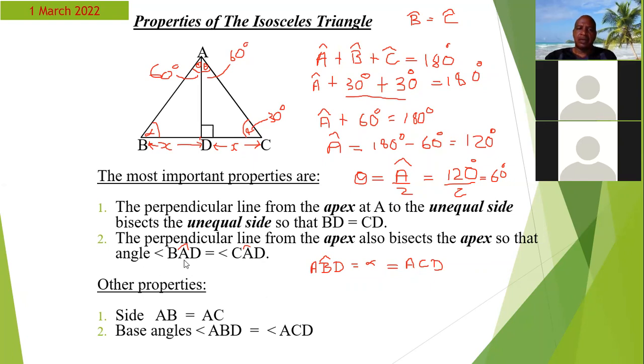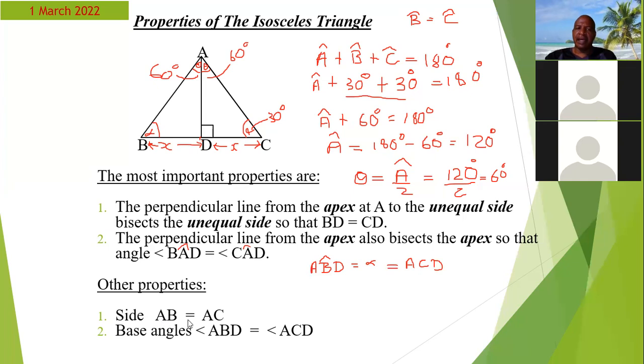All right, so the second property says that the perpendicular line from the apex also bisects the apex angle. And so that would give you angle BAD is the same as the angle CAD. Other properties: the side AB would also equal the side AC.